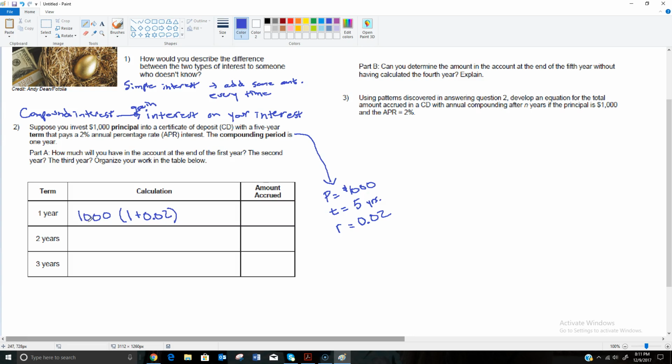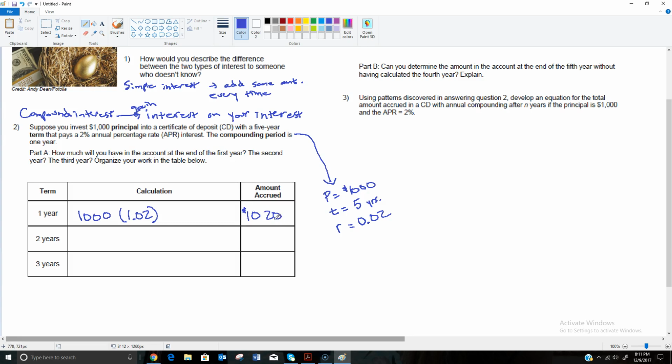Because 1.02, or let's write it more like what Eduardo had it here. So this is kind of the Eduardo method here. We're going to do 1.02, and that would get us how much we have total. 1.02 keeps our original amount plus adds on 2%. So that would be $1,020. So they gained $20.